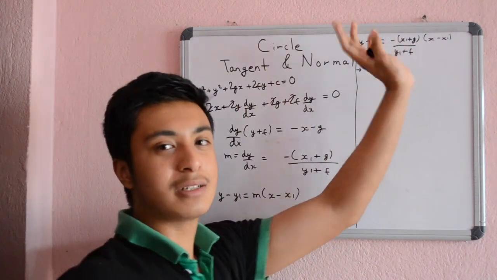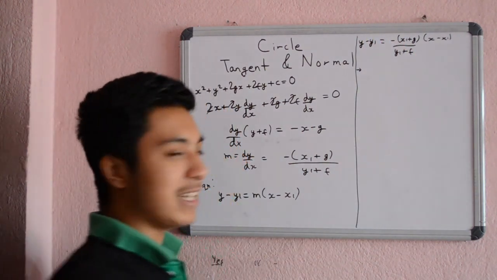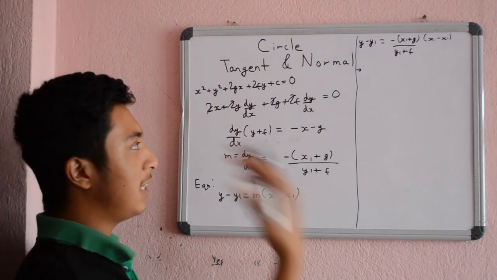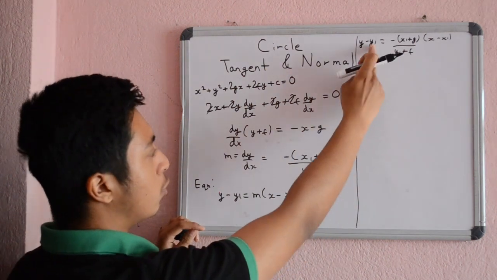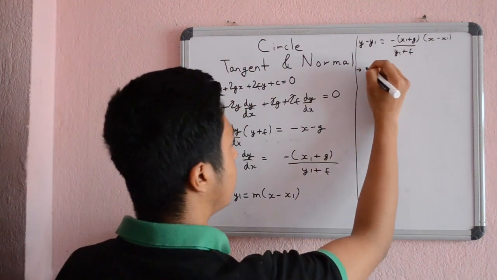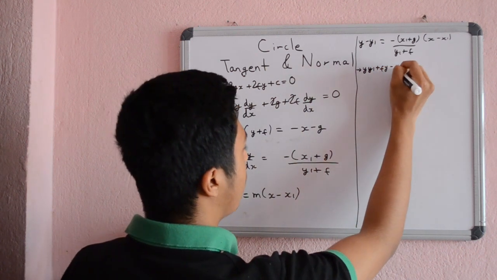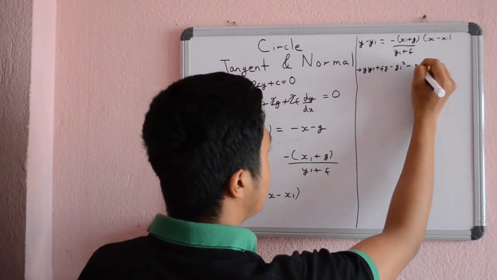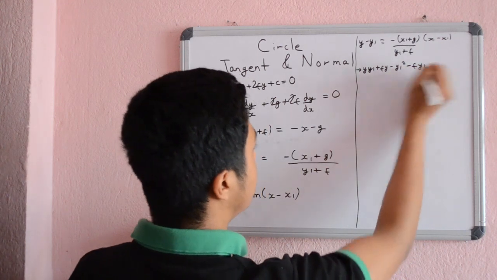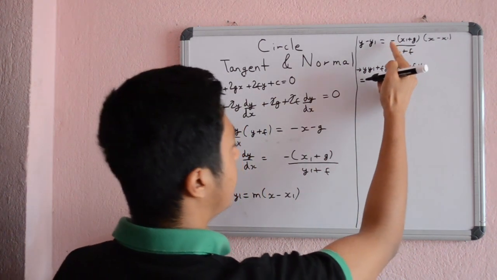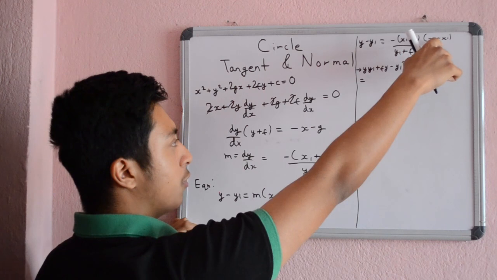So this may look a bit crazy, but at the end of the day, it's just simple algebra. So let's move that over here, and when they multiply, they'll give yy1 plus fy minus y1 square minus fy1, which is equal to, here this minus I'll put inside over here.